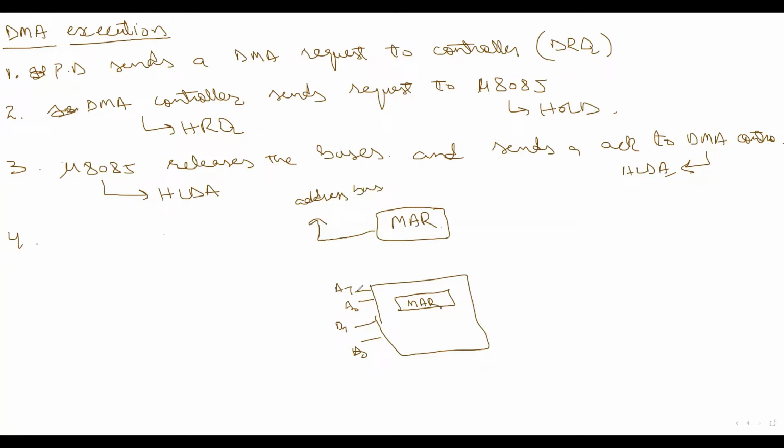So the lower order 8 bits are placed in these 8 address lines, and from these 8 we place those in the lower order 8 bits of the address bus.